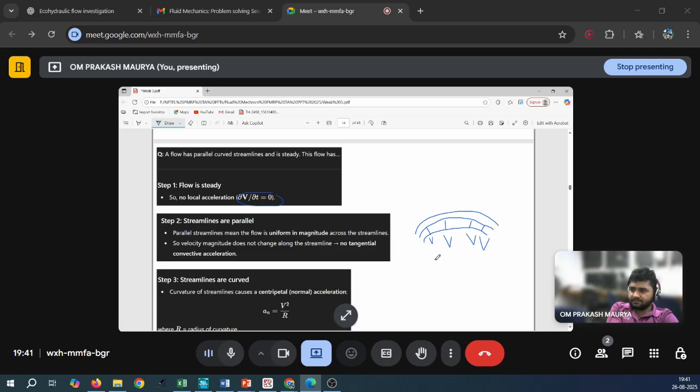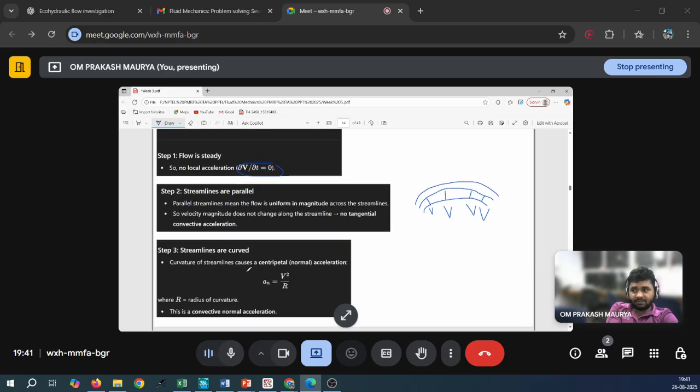So if the velocity is v and the area is similar, there is no change in magnitude of the velocity in the direction of flow. So there is no tangential acceleration, but you have the curved streamline, and due to the curvature of the streamline you have normal acceleration because of centrifugal force.